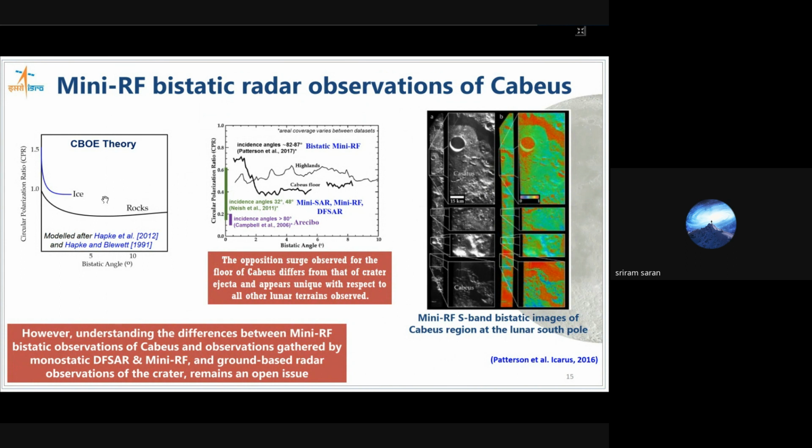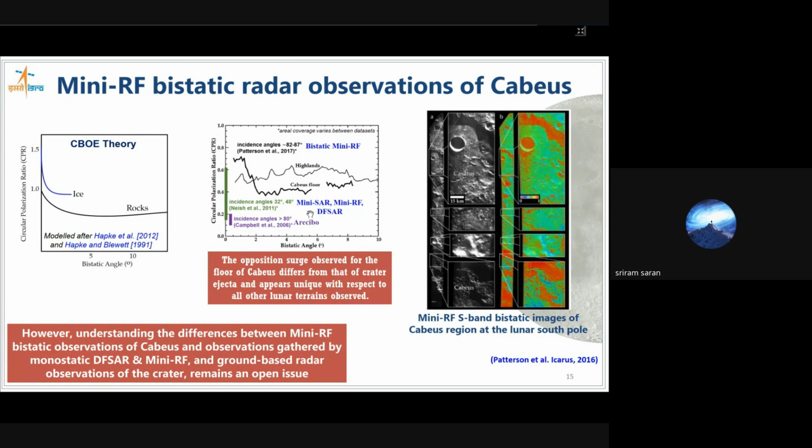So the figure on the extreme left is again the CBOE theory, where when you observe these radar waves as a function of bistatic angle, it can clearly separate the ice and rocks using the circular polarization ratio, which peaks near the zero bistatic angle. So you need to observe the surfaces at a range of bistatic angles in order to separate the presence of ice vis-a-vis the rocks.